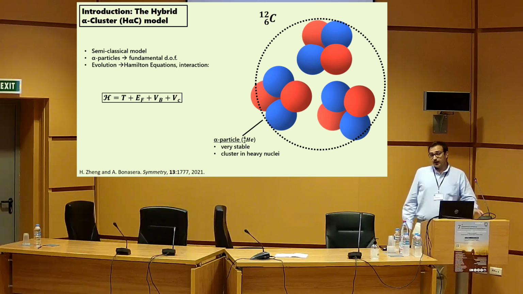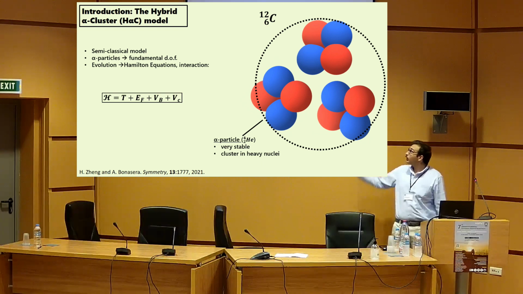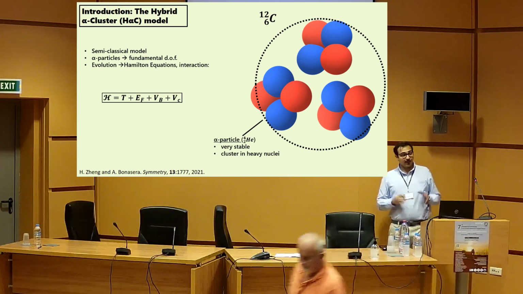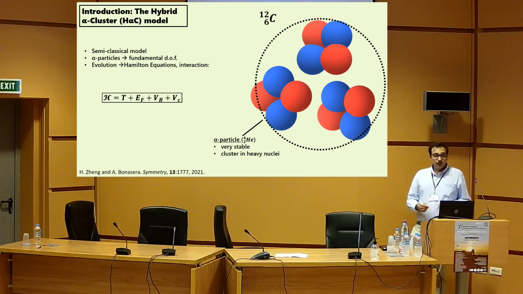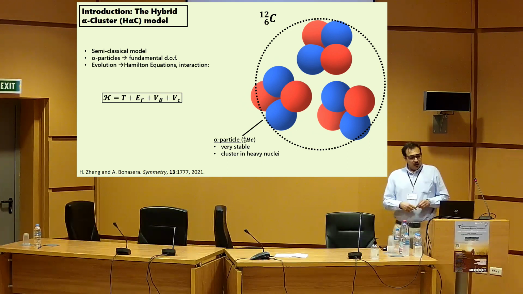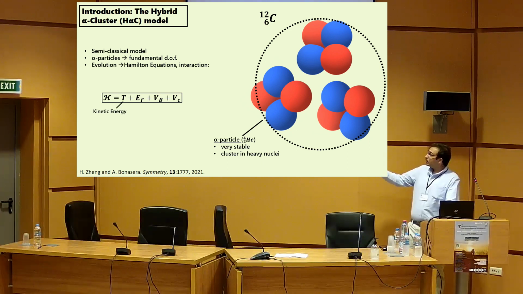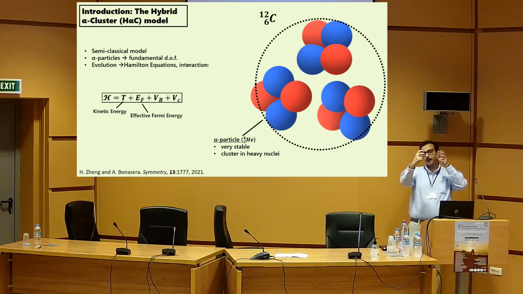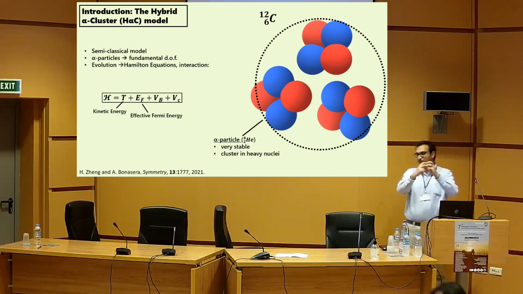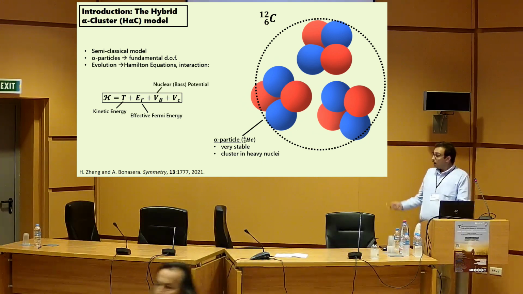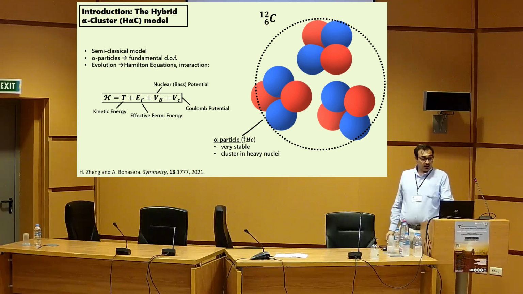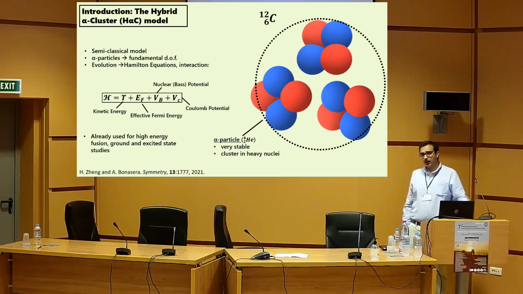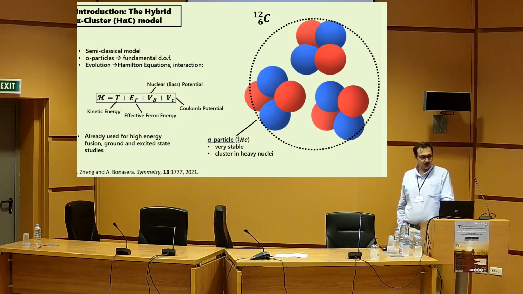This specifically is the basis of the hybrid alpha cluster model, or HAC, that considers the alpha particles as fundamental degrees of freedom, which evolve through semi-classical equations of motion via the Hamiltonian interaction containing a kinetic term, an effective Fermi energy term that actually corresponds to the Pauli repulsions of the inner constituents of the alpha particles in cases of overlap, a nuclear Bass potential, and a Coulomb potential. This model has already been used both for fission and ground state studies successfully.